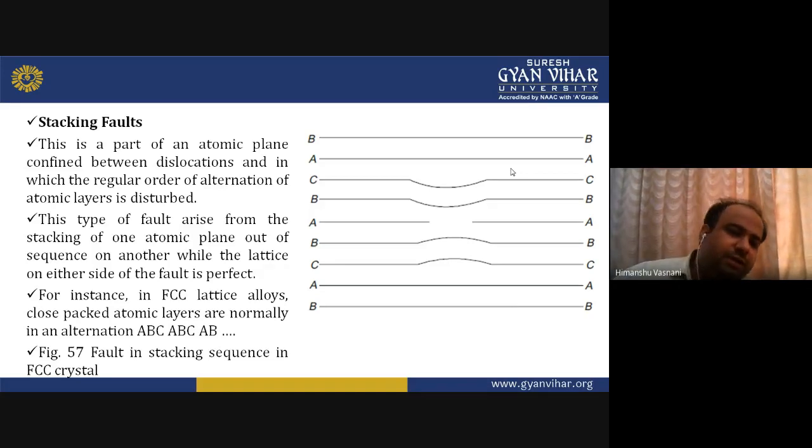For instance, in FCC, that is face-centered cubic structure, the close-packed atomic layers are normally in an alternation of ABC, ABC, ABC. This is the normal sequence, as shown in the diagram.